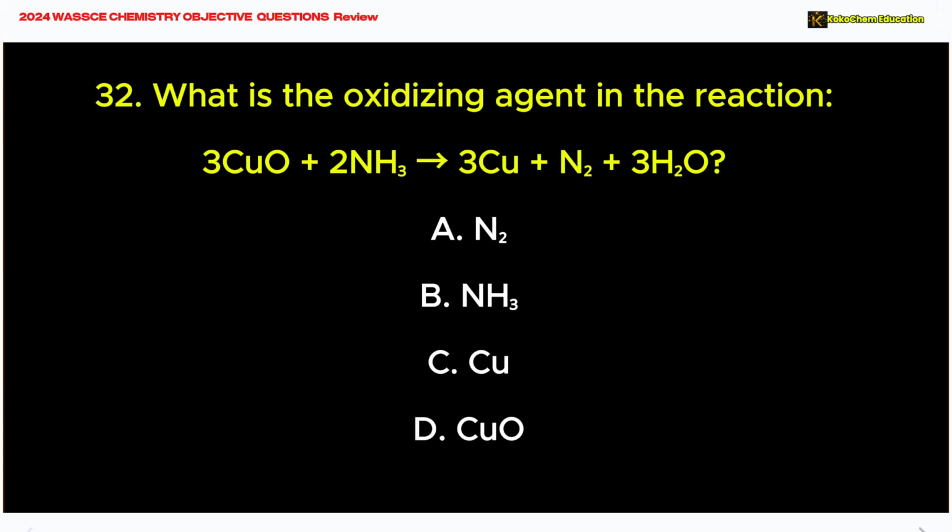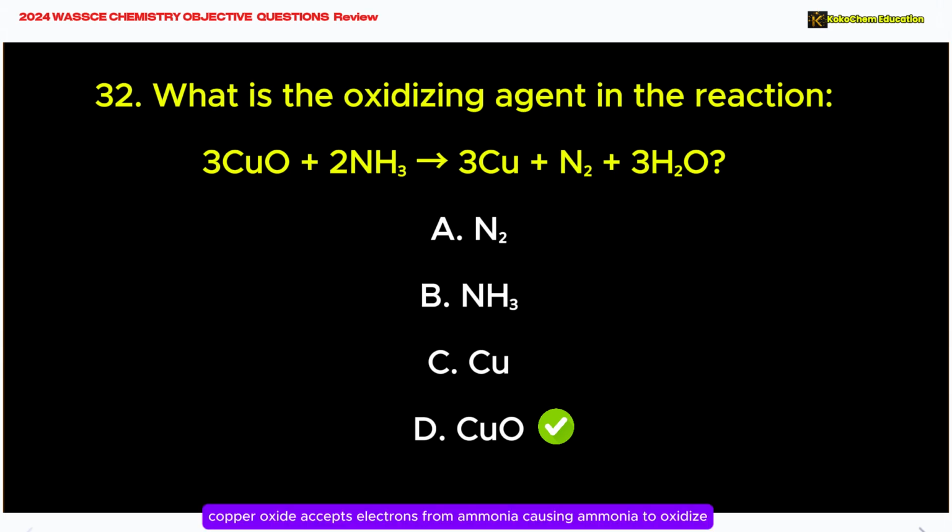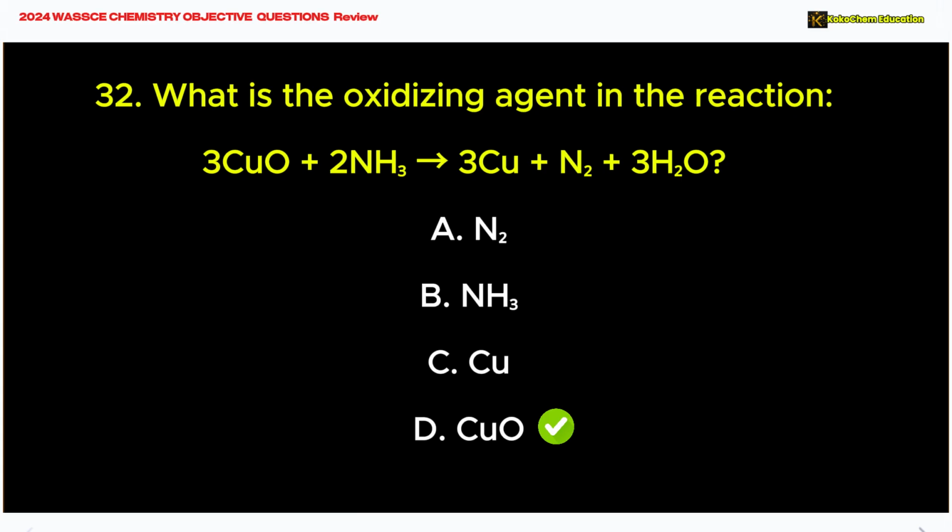C. Cu. D. CuO. The correct answer is D. Copper oxide, CuO. Explanation: copper oxide accepts electrons from ammonia, causing ammonia to oxidize. Therefore, copper oxide is the oxidizing agent.